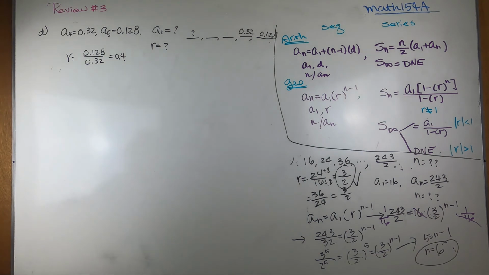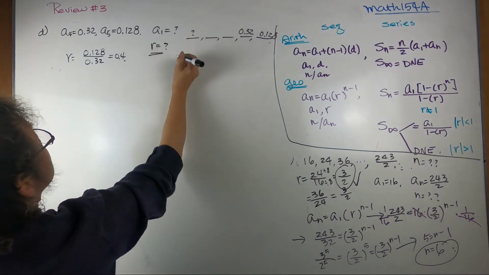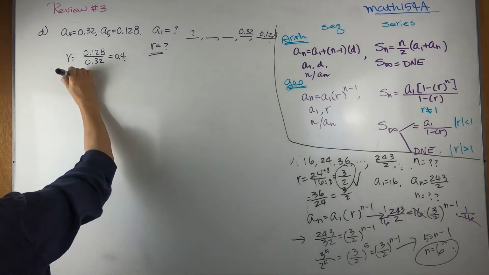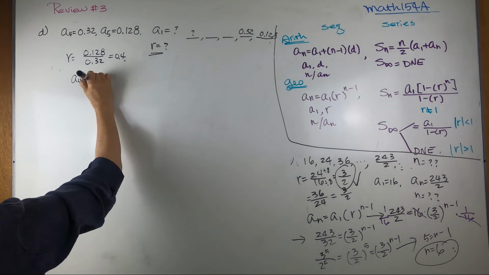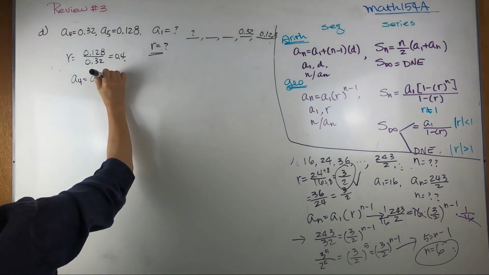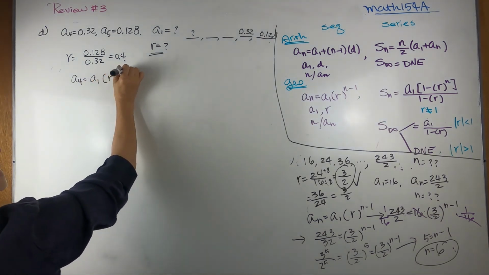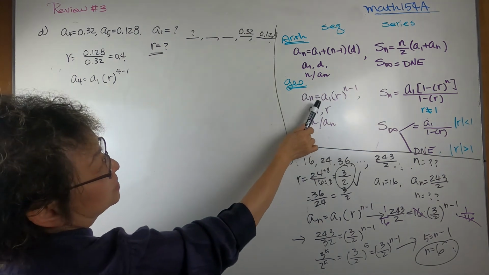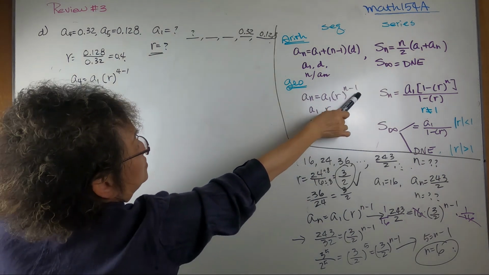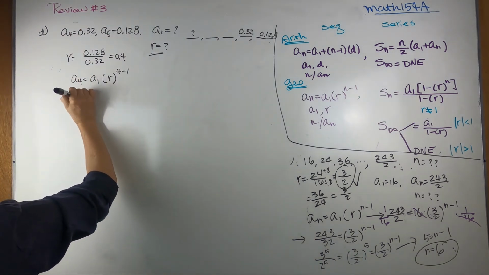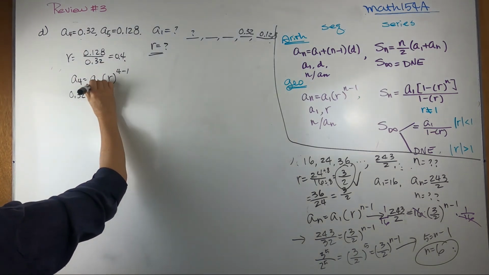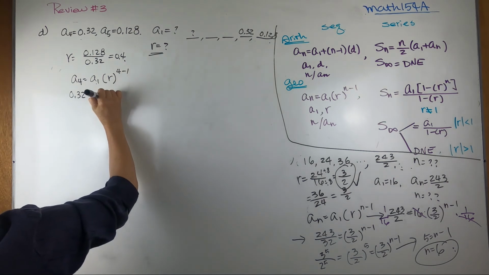If you get 0.4 for your R, what's your A1? Then we know A4, we can use this, right? A4 equals A1 R to the 4 minus 1. So A4, we have 0.32, and A1 we don't know, we are trying to find.